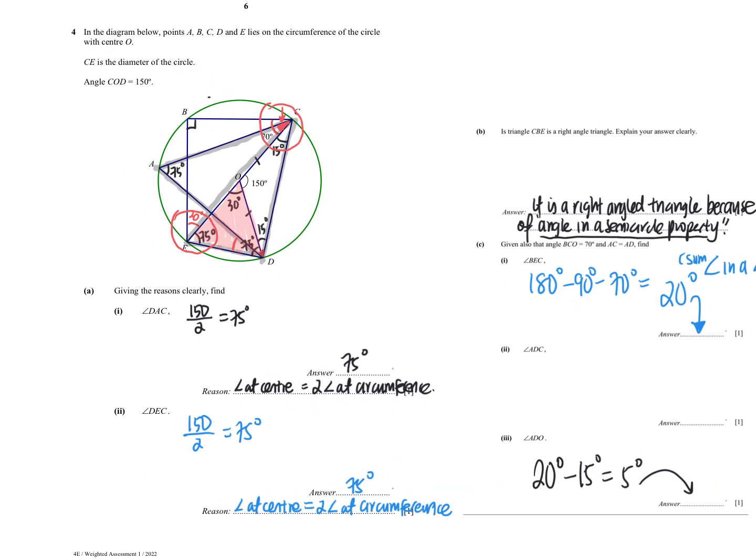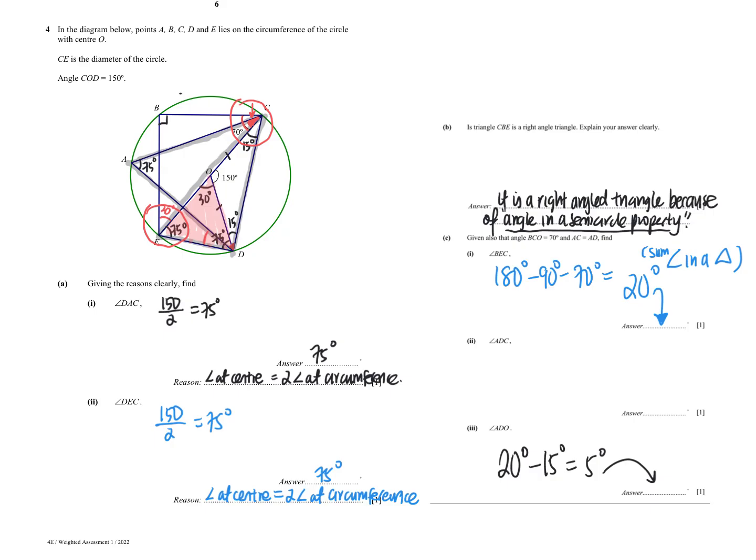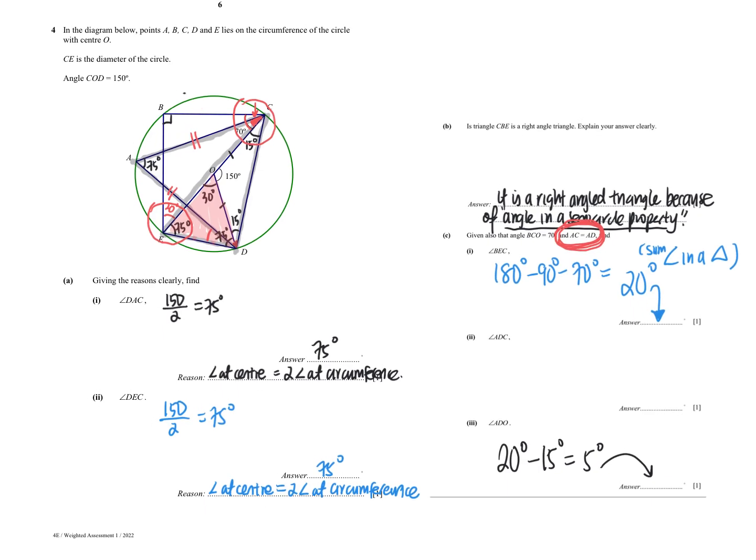Oh, okay. I know why already. Now I know why. Okay, so it is isosceles. That's why I say cannot assume, but the question never says.